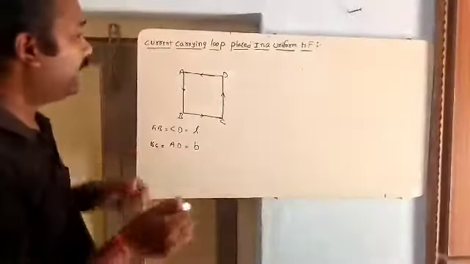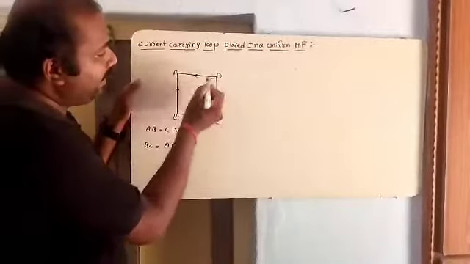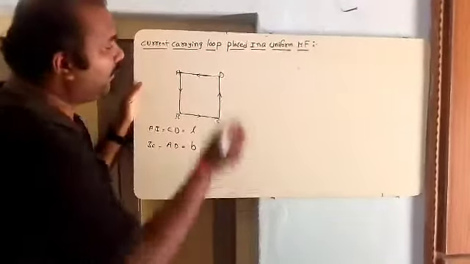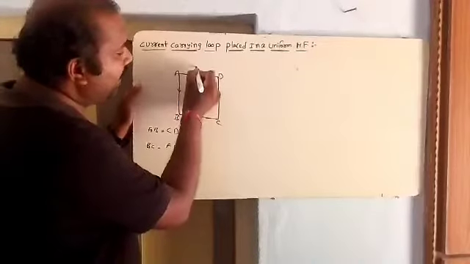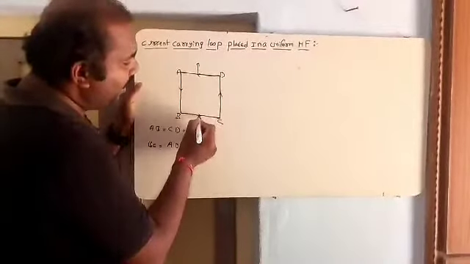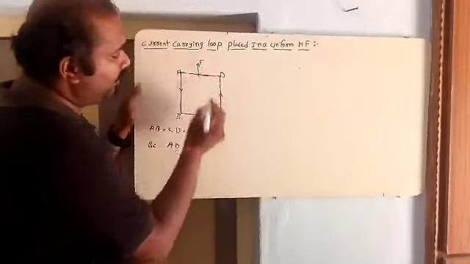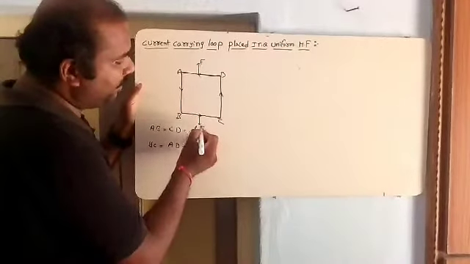Now see, AD and BC, these 2 conductors experience forces, one acting upwards and another acting downwards.